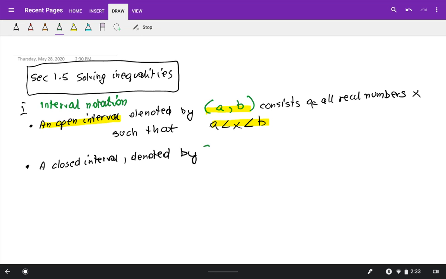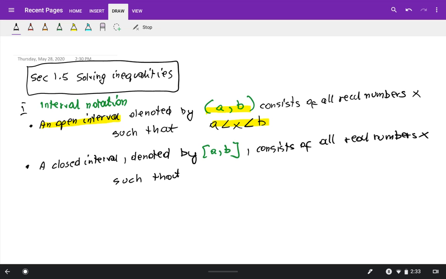It consists of all real numbers x such that x is between a and b, and we are also including a and b.